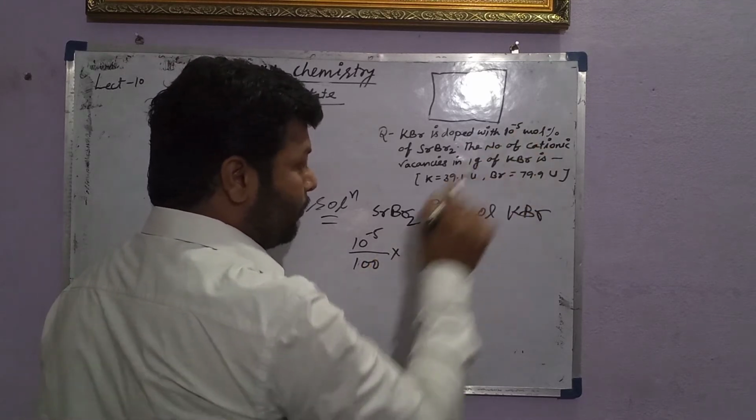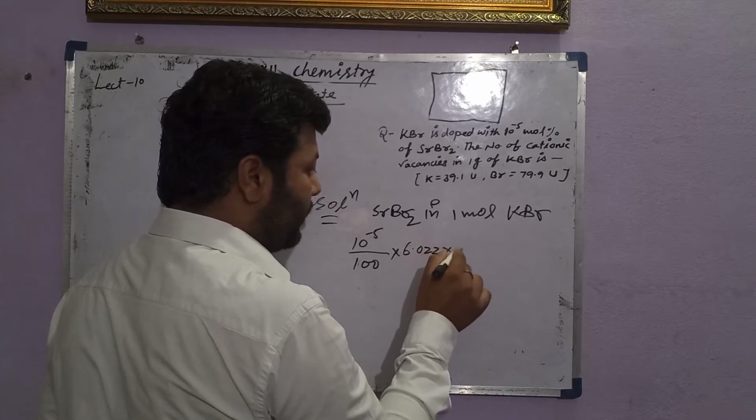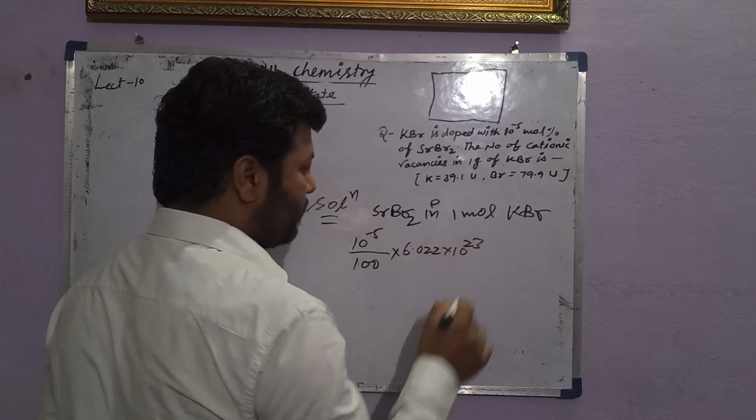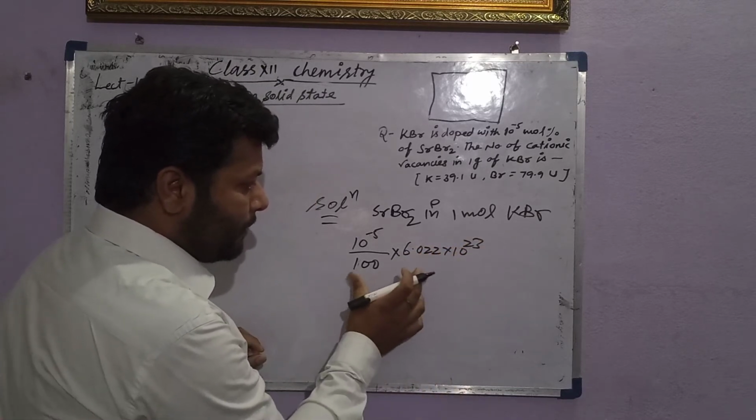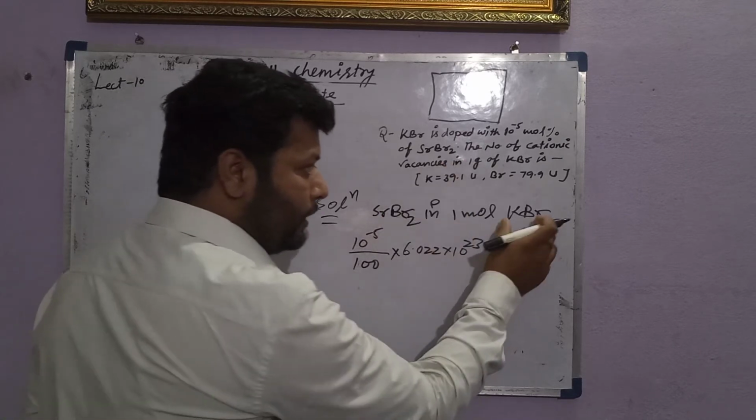And that is actually moles. Mole means 6.022 times 10 to the power 23. That much is the value of strontium ions doped in KBr.